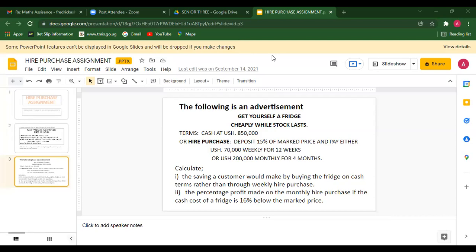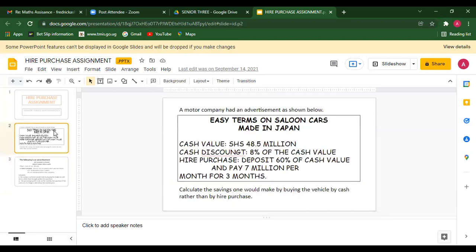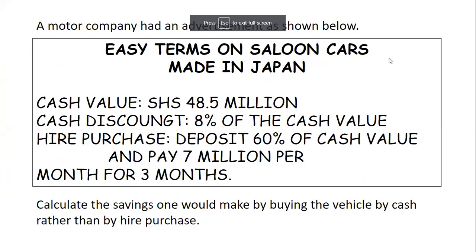Okay, so our next topic is going to be on hire purchase. With hire purchase, we buy a commodity or a good or an item, and we pay in installments.